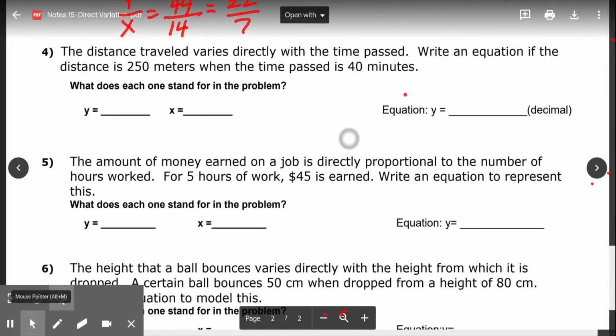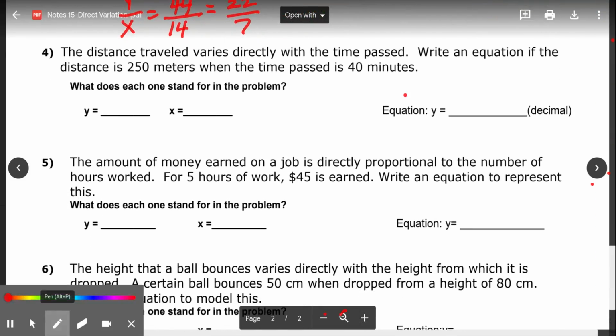All right, number 4. The distance traveled varies directly with time passed. Write an equation if the distance is 250 meters when the time passed is 40 minutes. So you have to think, what does each one stand for in this problem? The distance traveled is 250.